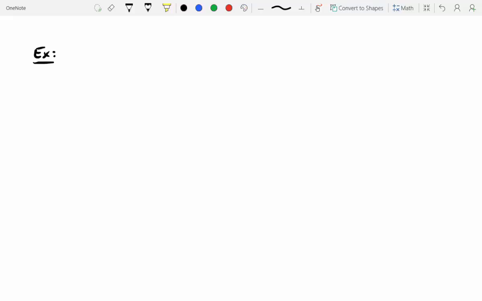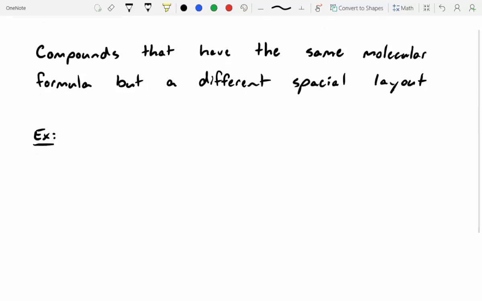Could you pop up the definition? Should I be a T? Spatial.